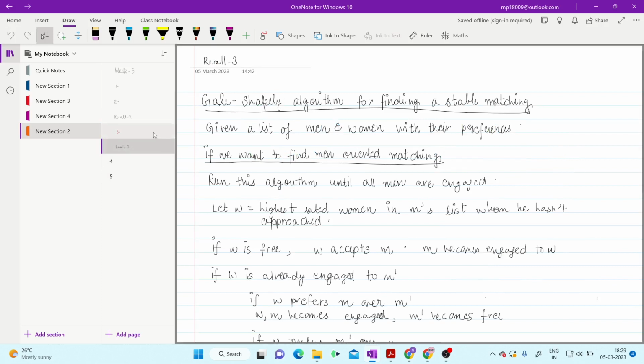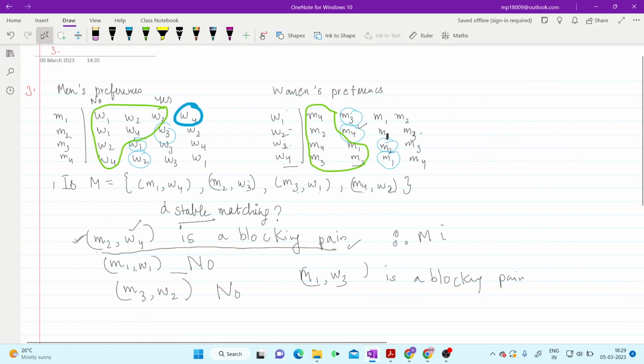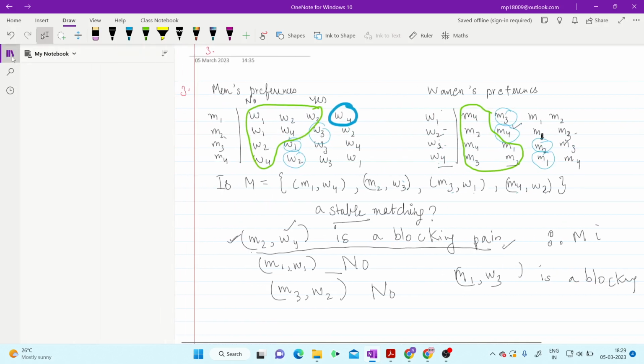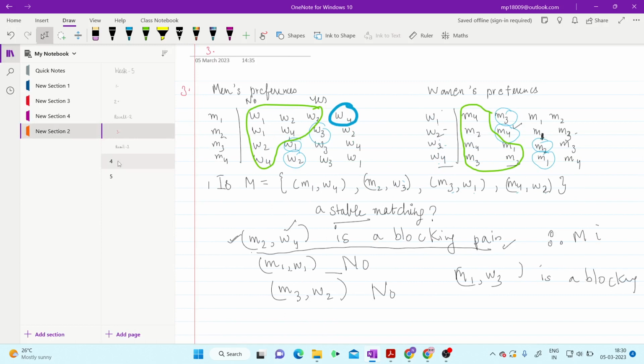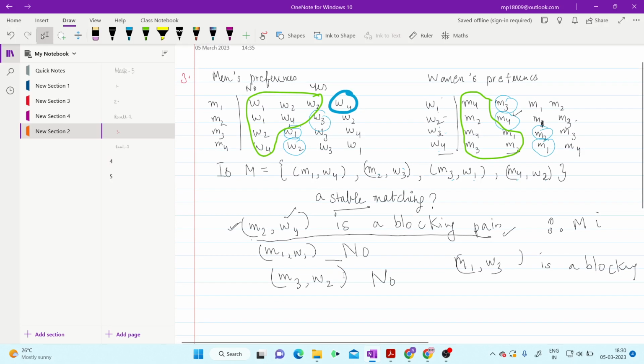So what is your question? Basically you're saying that you haven't seen any example in which two men have the same preference order, like M1 has W1, W2, W3, W4, and similarly any other man can have the same order.